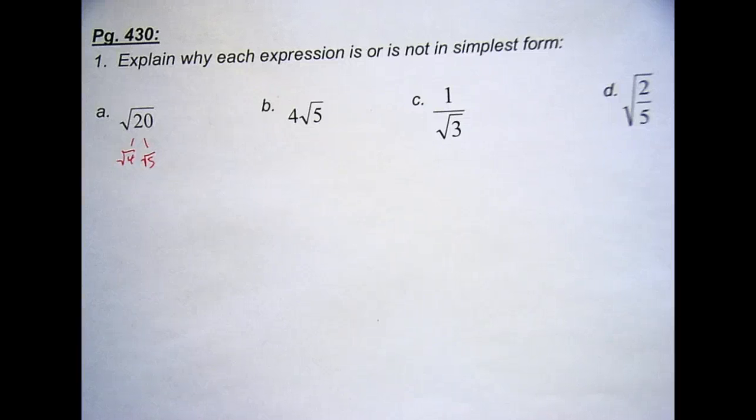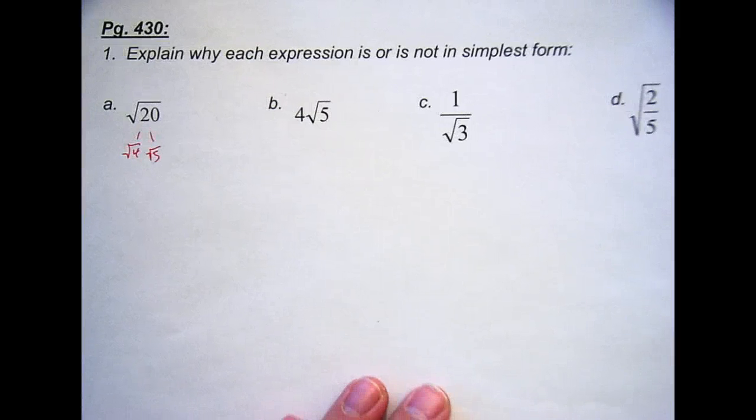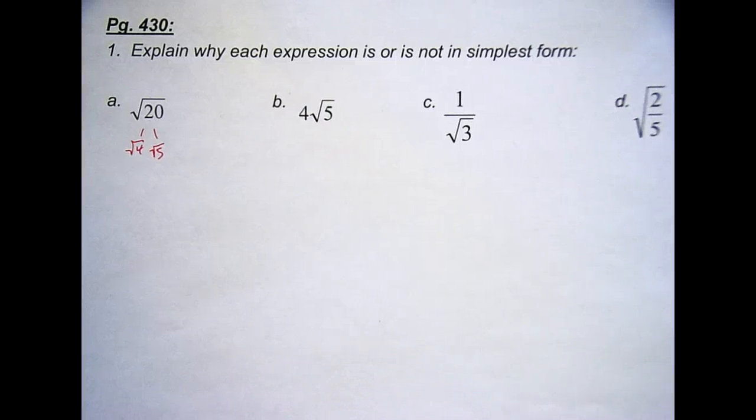All right. Letter B. Person number 23, Chelsea, what do you got? Not sure. Okay. Number 4, not sure?